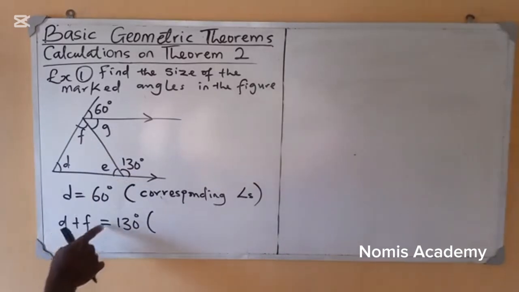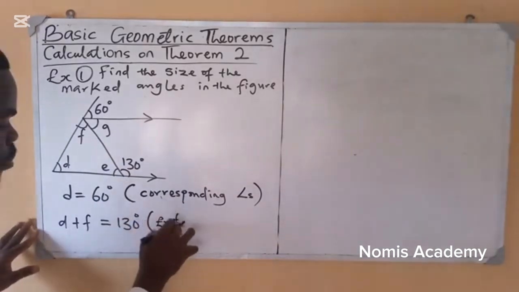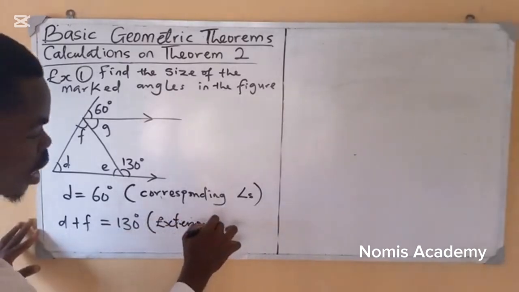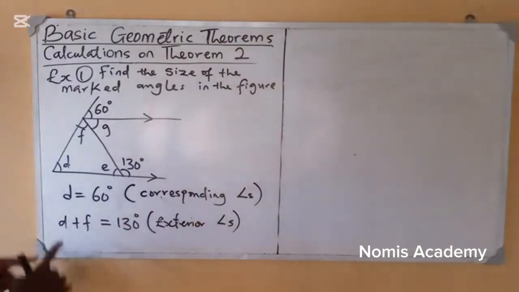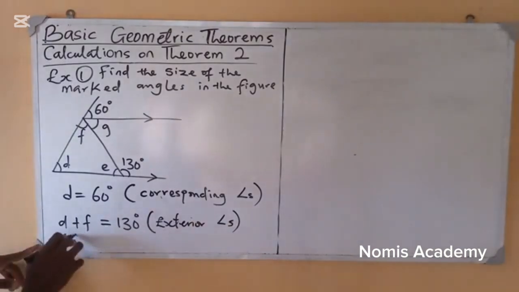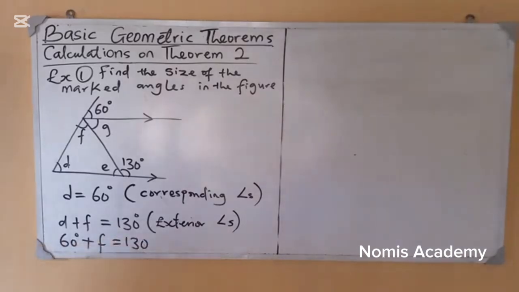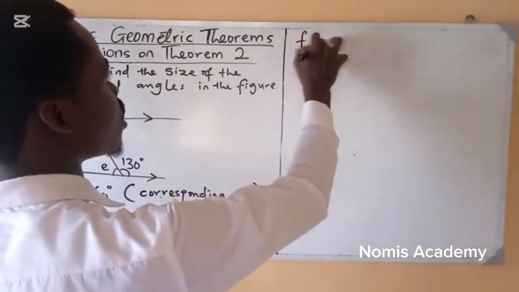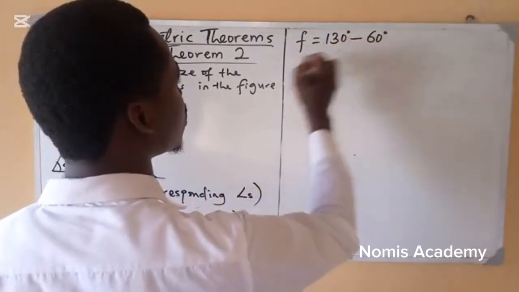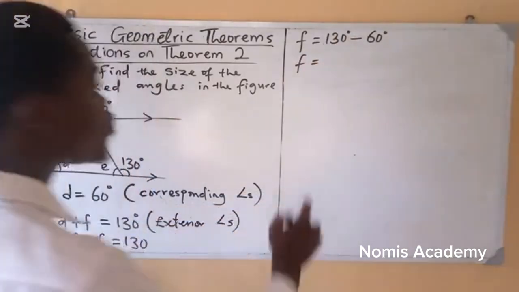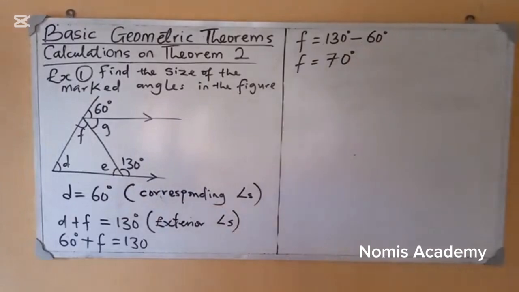So we state exterior angles. Now we know D to be 60 degrees, plus F equal to 130 degrees. So now let's find F. F is equal to 130 degrees minus 60 degrees. So F is equal to 70 degrees.